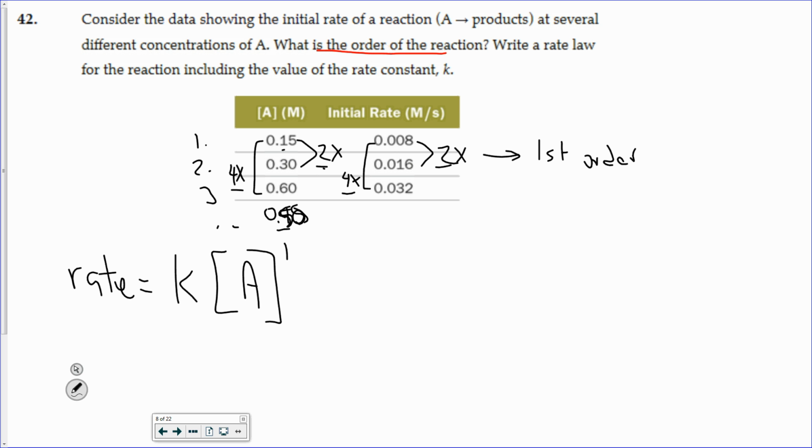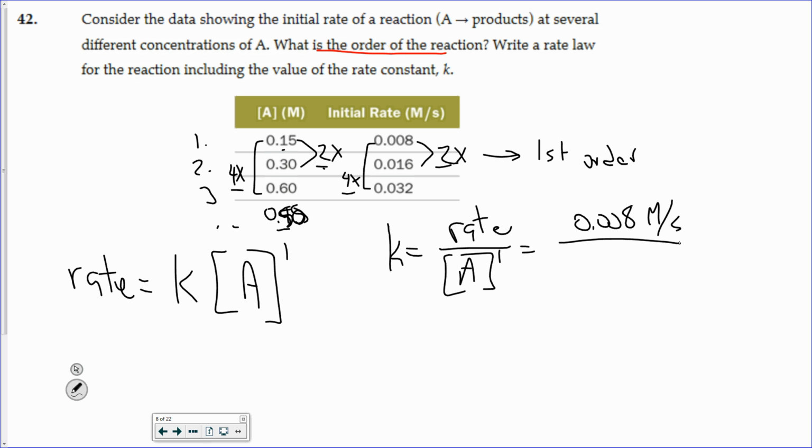Once we know it's first order, K is equal to the rate divided by the concentration to the particular order, which is 1 in this case. I can take any of the trials. I'm just going to choose the first one. The rate is 0.008 molar per second, and the concentration is 0.15 molar.